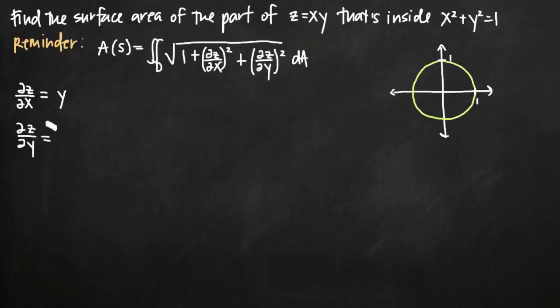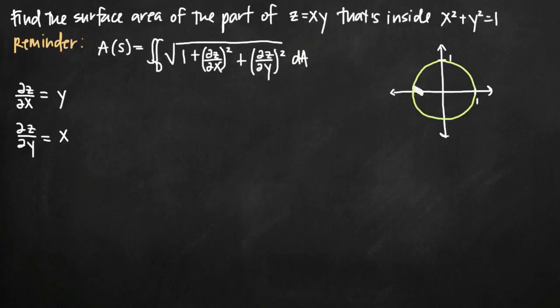The partial derivative of z with respect to y will just be the opposite scenario, and we'll end up here with x. Now we can plug both of those into our double integral here in place of these partial derivatives. Now all we need is upper and lower limits of integration for both x and y.